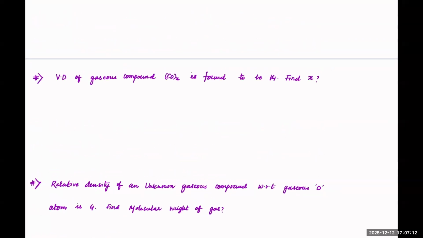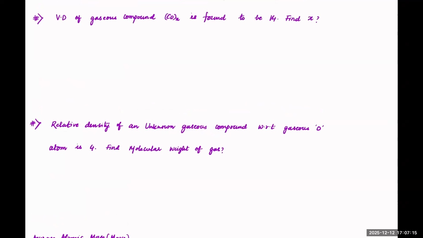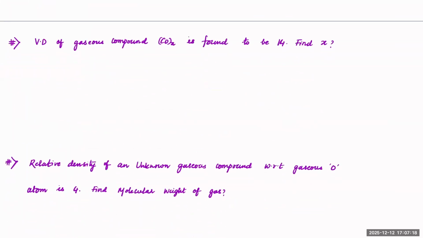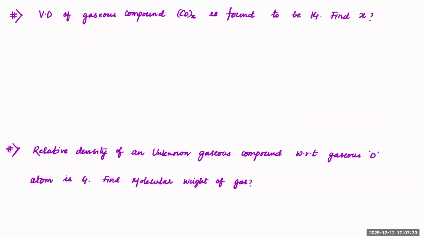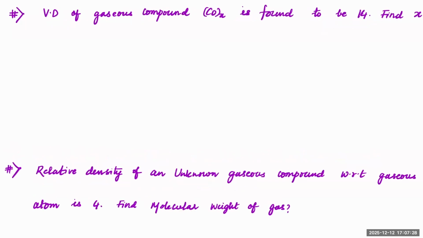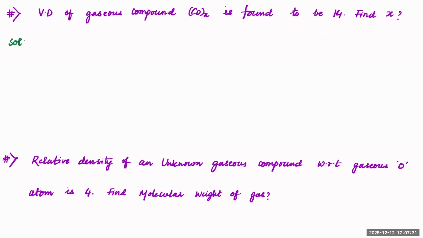Now, what if I ask you this: what will be the vapor density of the gas compound COX, which is found to be 14? You need to find out the value of X. By definition, vapor density is molar mass, which is X times 12 plus 16, divided by 2, because that will be the molar mass of hydrogen.